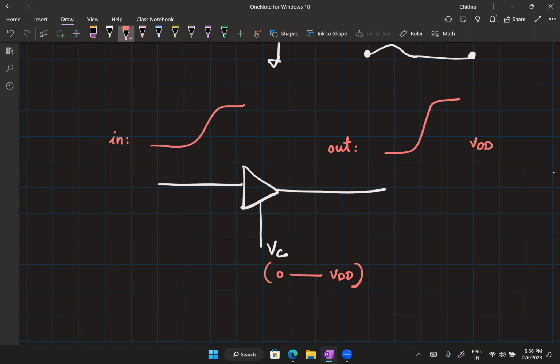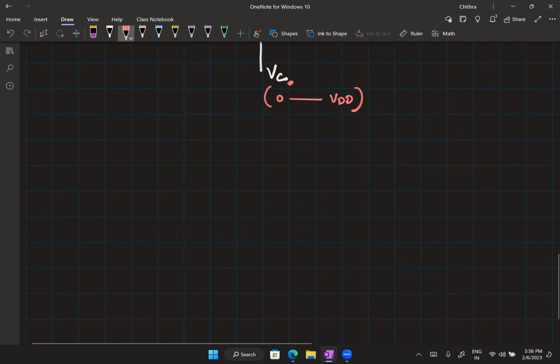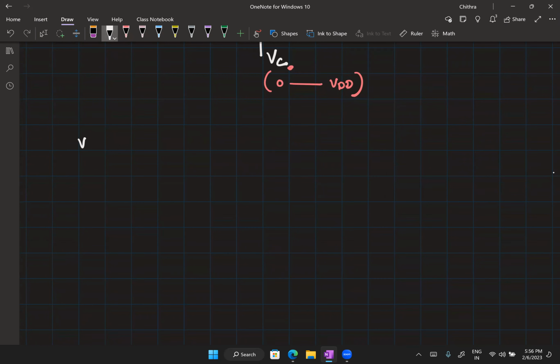The position at which this rising edge appears will depend upon the value of VC seen at that instant. So this VC value matters only during a transition. This is true for a rising edge or a falling edge at the input. This is clear?